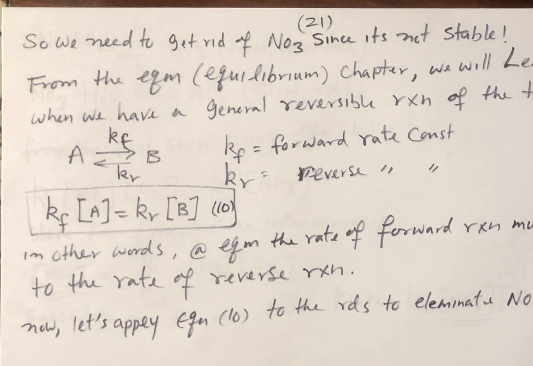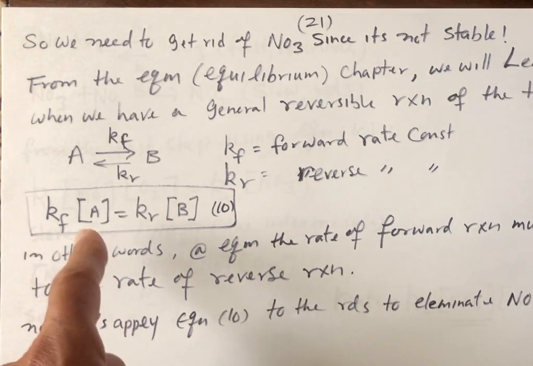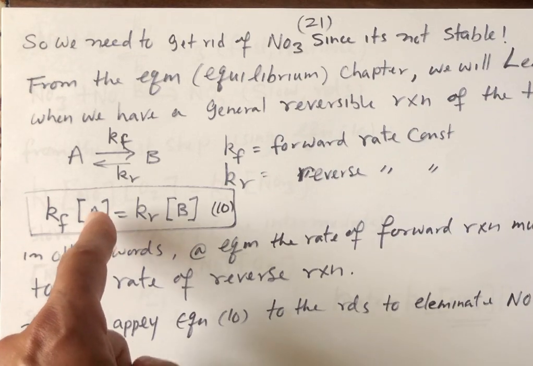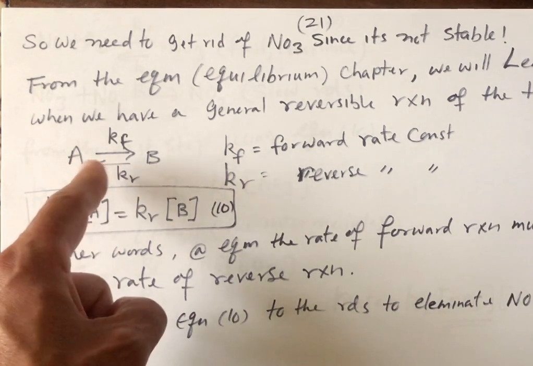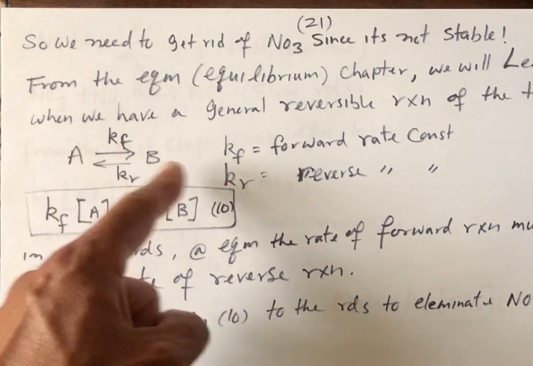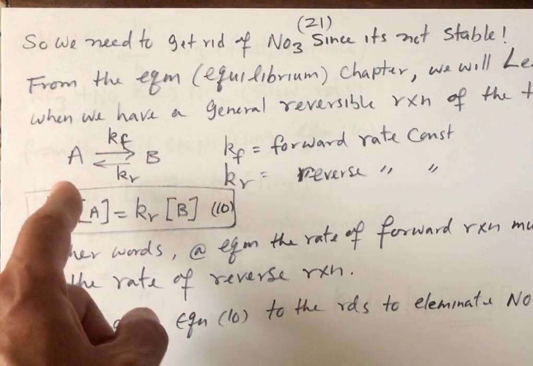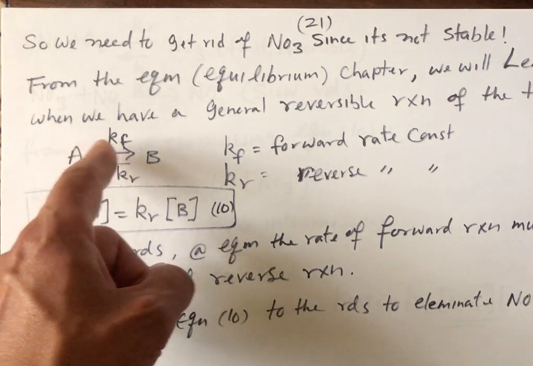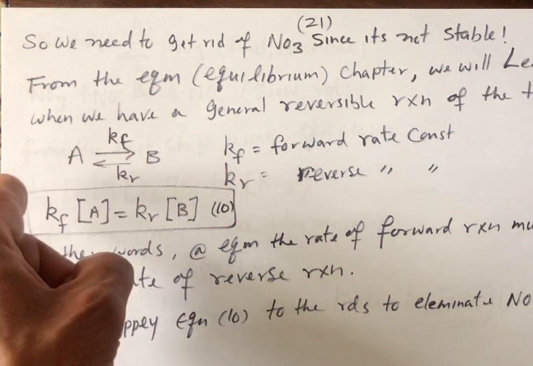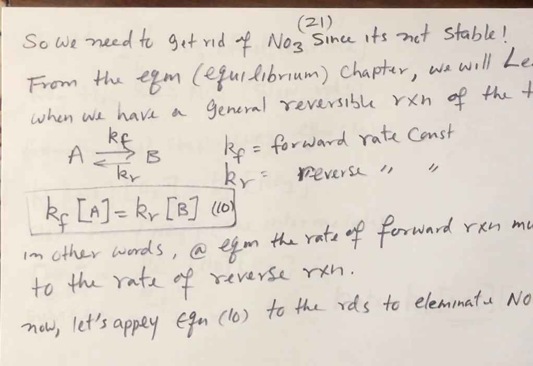Now, when we start chapter 17, you'll see that for any reversible equilibrium reaction of this type, where I'm using Kf for the forward reaction, Kr for the reverse reaction, usually the fast reversible reactions are at equilibrium.